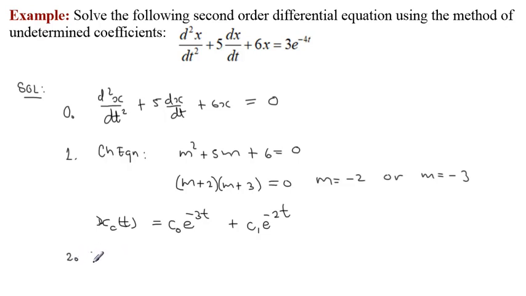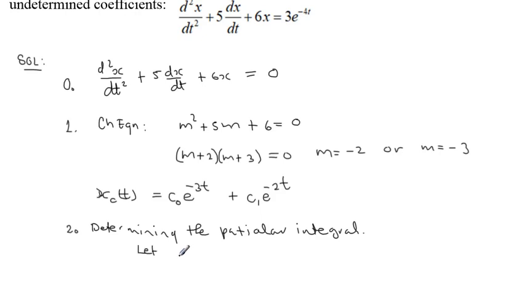So that will be our step number 3 here. So determining particular integral, for that we let our trial solution be x_pi, a function of t, equals alpha e to the power minus 4t.